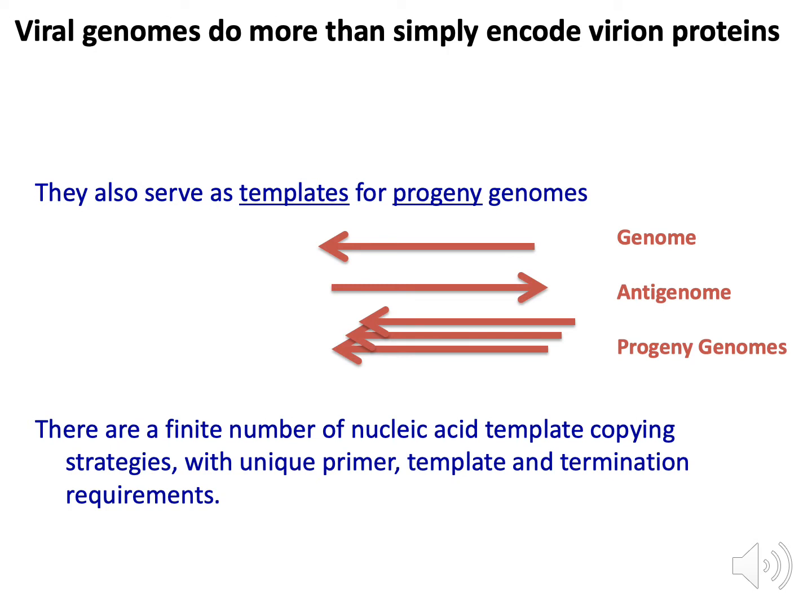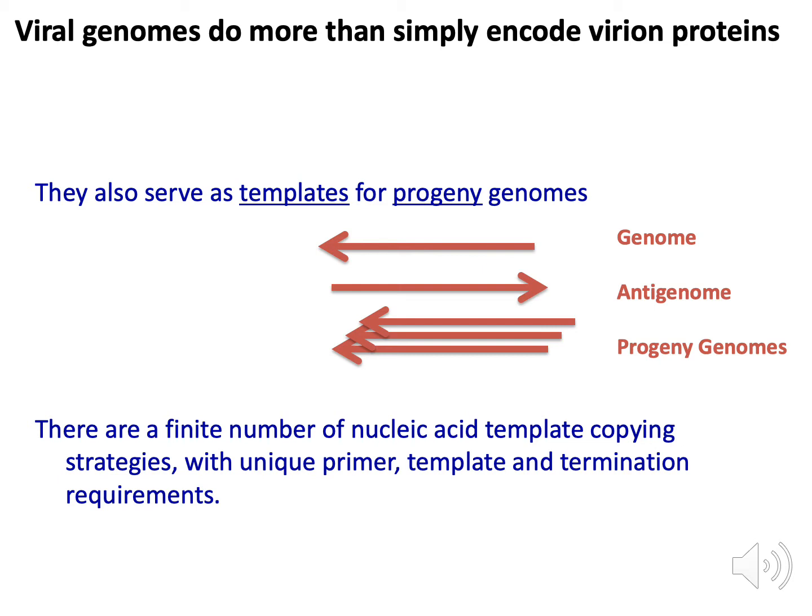Okay, so we talked about the importance of messenger RNA and viral genomes encoding messenger RNA that will encode viral proteins. But viral genomes do more than simply encode viral proteins, and it's important to think about what else they do. They serve as templates for progeny genomes, and I'm introducing here the concept of the genome and the antigenome, and you can see the direction of those arrows.